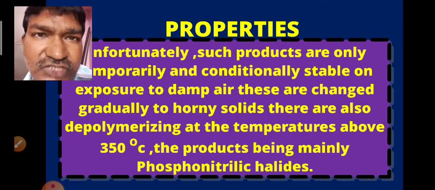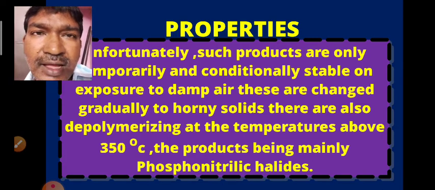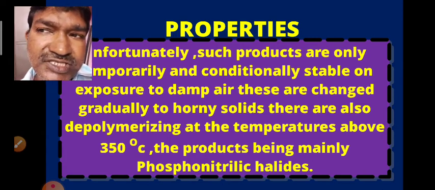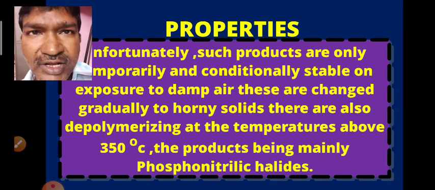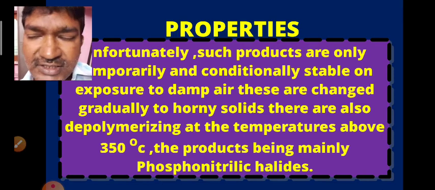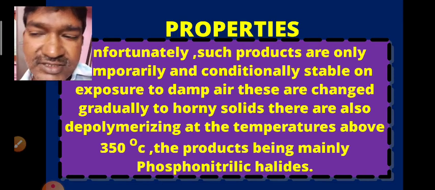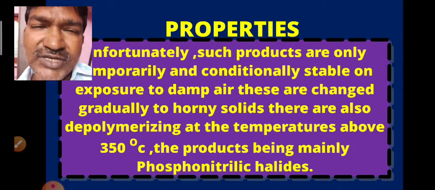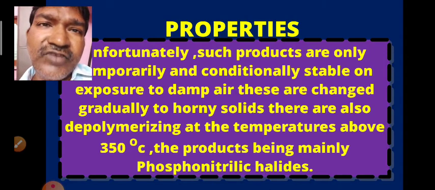In the similar way, natural rubber also changes into a hard material in the winter season, and it becomes soft and sticky in the summer season. Sticky in the summer season, hard in the winter season.